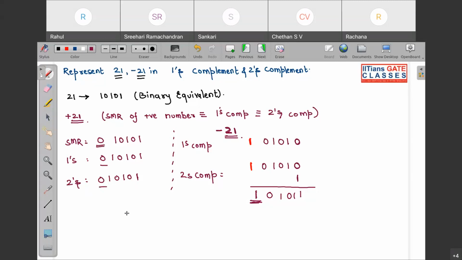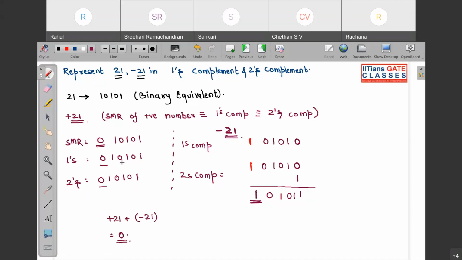Yes, obviously. Because if you do plus 21 plus minus 21, the result you will get is 0. So due to that, your positive number representation will not change.